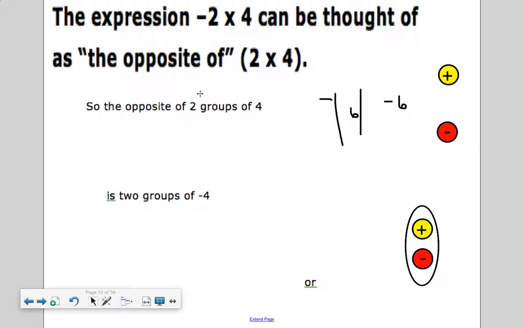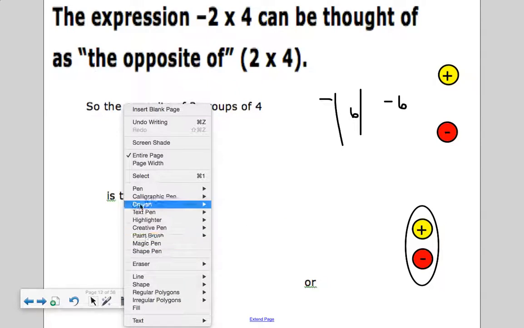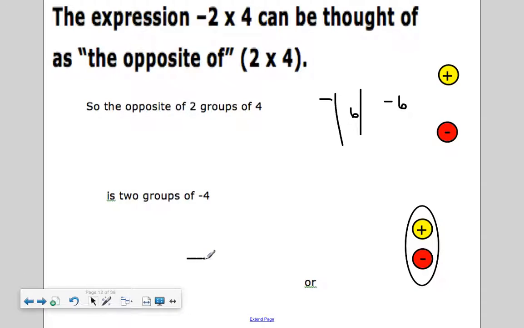So, what is 2 times 4? 2 times 4 is 8. So the opposite of 2 groups of 4, the opposite of 8, will be negative 8. So we have 2 groups of 4.